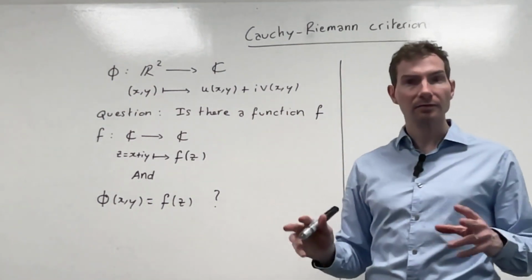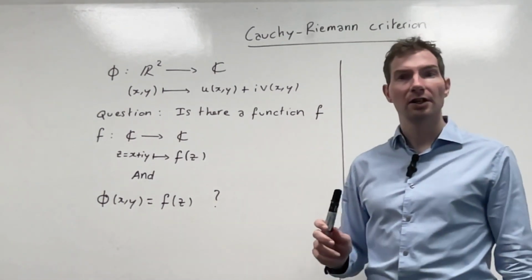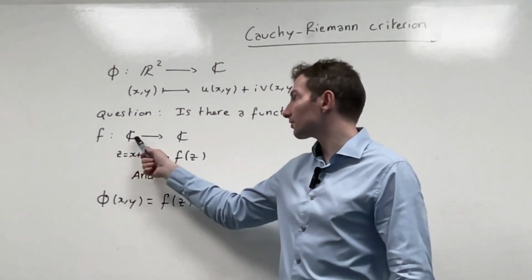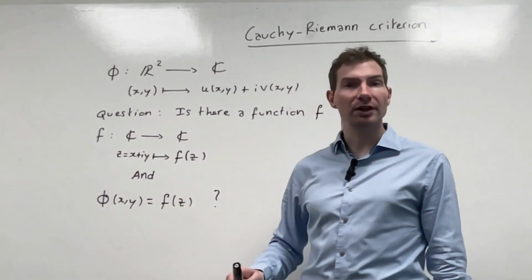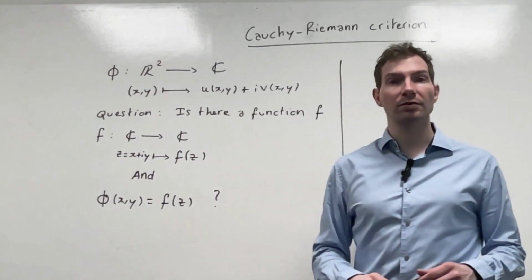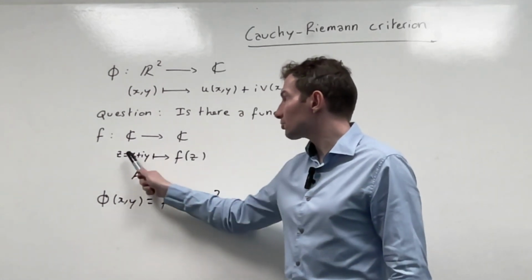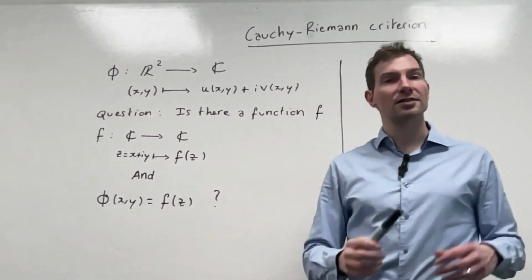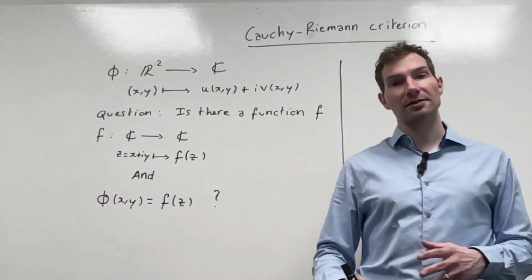Okay, now the question we want to ask is that if we have this particular map like this, is it possible to have a function f, which maps a complex number onto another complex number, such that to some complex number z, that is x plus iy, we get some f of z?